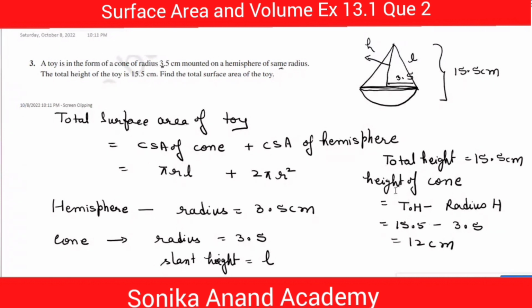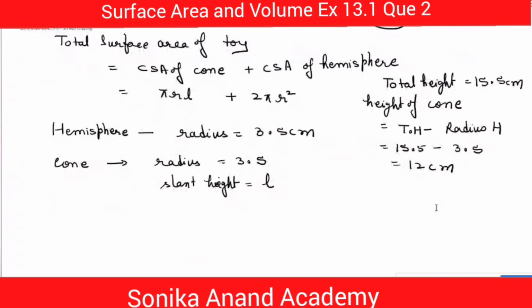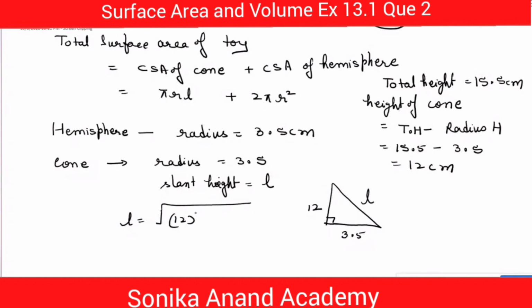Now we have to find the slant height using the Pythagoras theorem. So here we have 12, this is 3.5, and this is our slant height. That means slant height is equal to under root of 12 square plus 3.5 square.